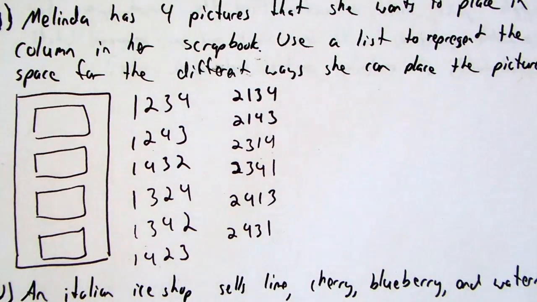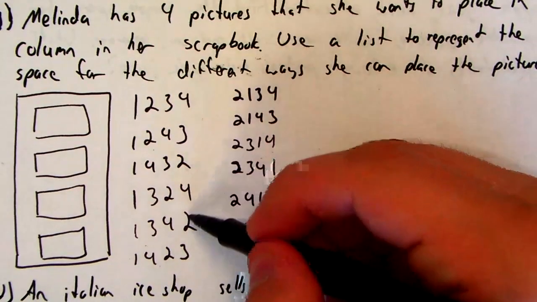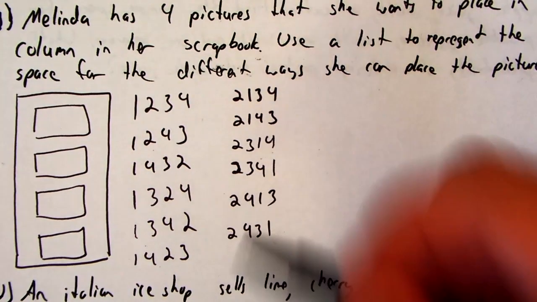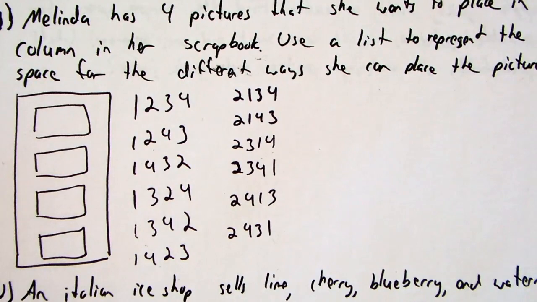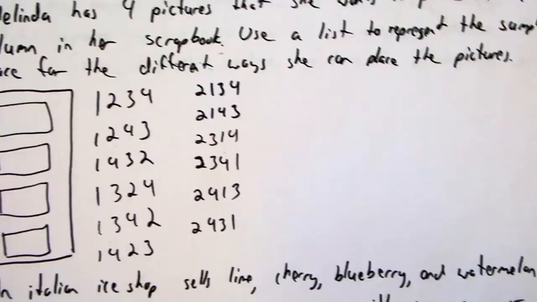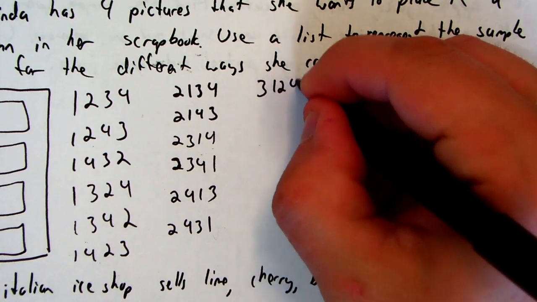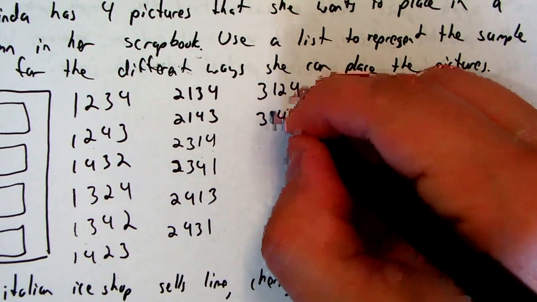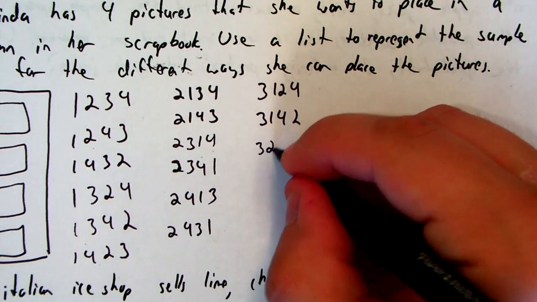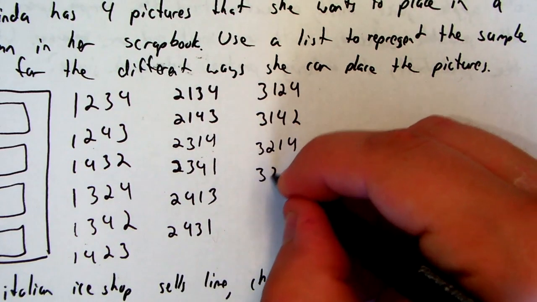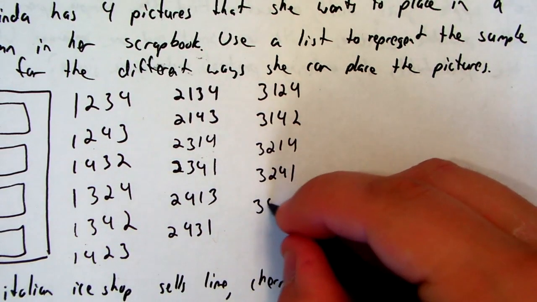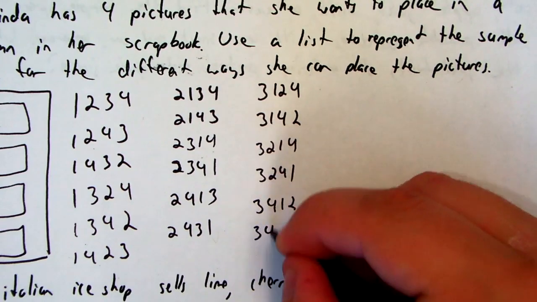Right now we are at 12 different combinations that we could have so far. Now, if we do the third picture first, we could do any of these as well.